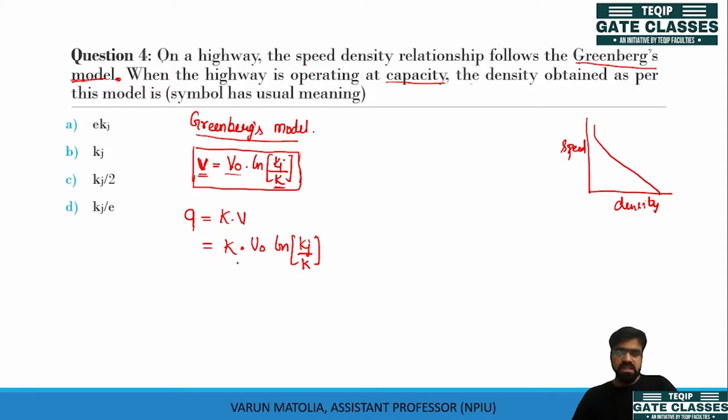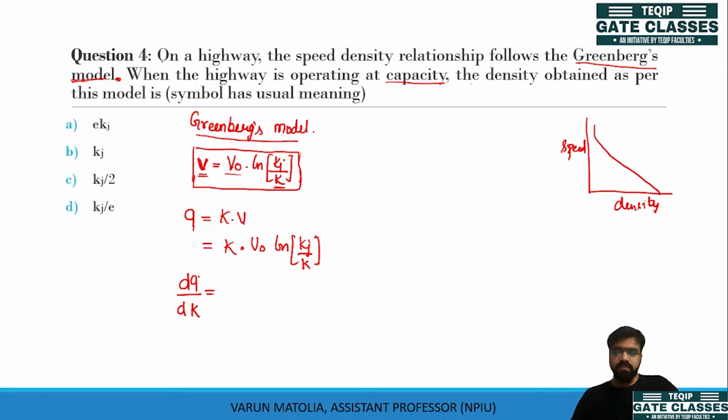Now let us solve this equation by differentiating the flow value in terms of density. In order to calculate the maximum flow value, you should maximize this equation. Let us differentiate and calculate the value of K for which the capacity or the flow value is maximum.